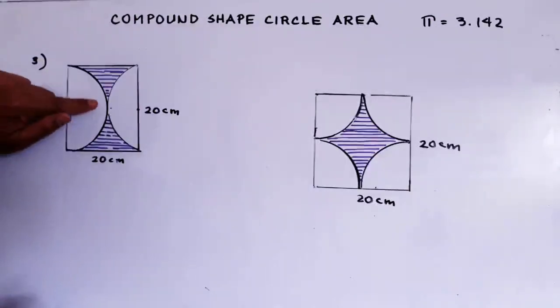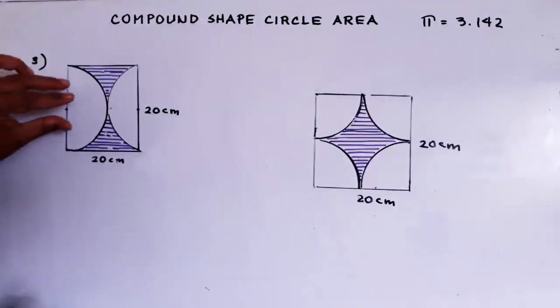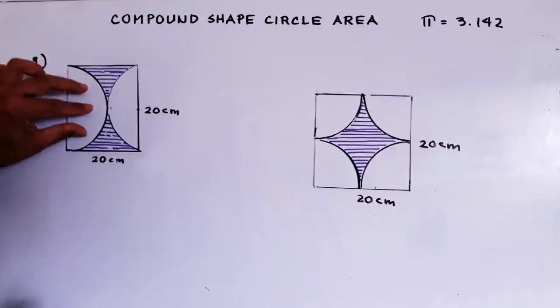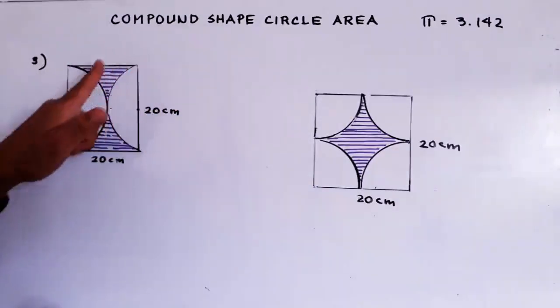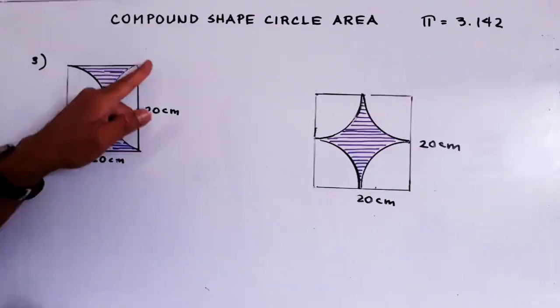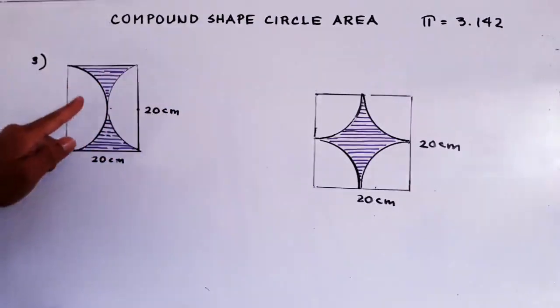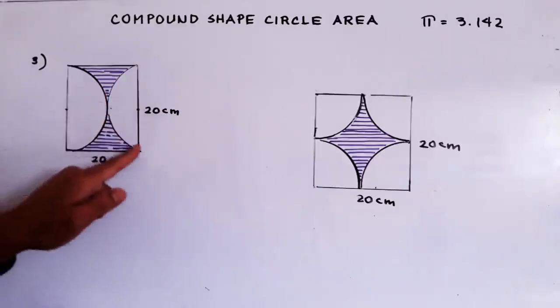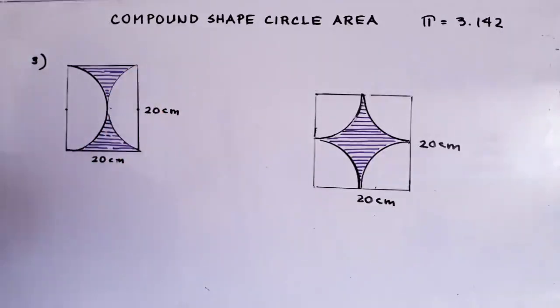But for these two semicircles, can we just put this first half to the second half, so we will have a circle? So we'll just find the area of the total circle, this one and this one, and we will just subtract it from the area of the square.